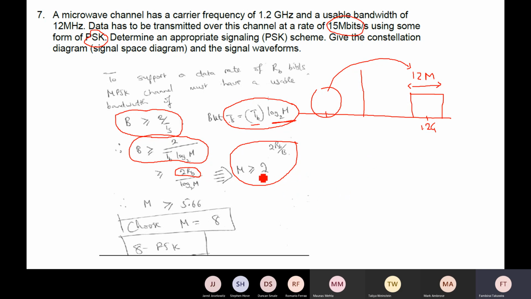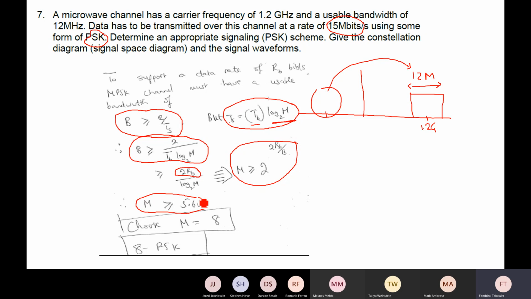So if we look at the value of 2 raised to the 2 times 15 divided by 12, we will find that M must be greater or equal to 5.66.